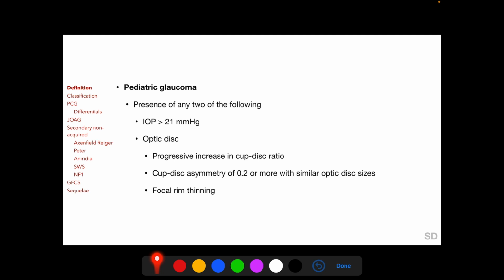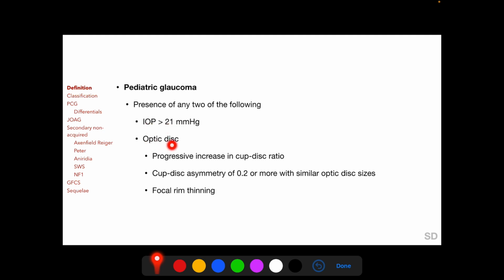This diagnostic criteria is valid for both primary and secondary pediatric glaucomas. These 5 criteria are based on intraocular pressure, optic disc changes, corneal changes, changes in refractive error, and glaucomatous visual field defect. And these criteria are as follows: intraocular pressure more than 21 millimeters of mercury.